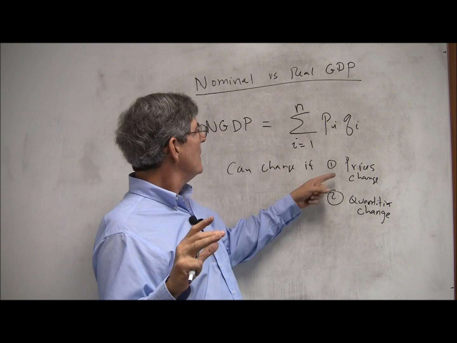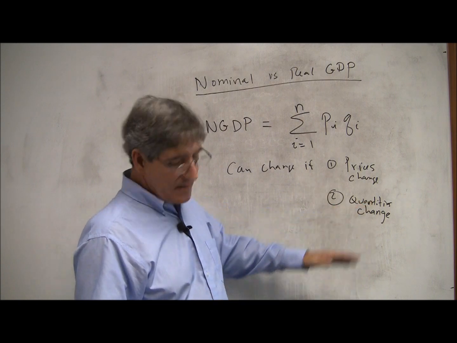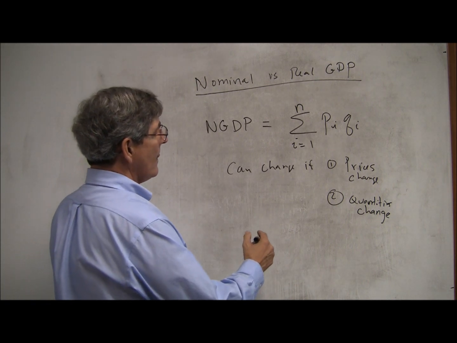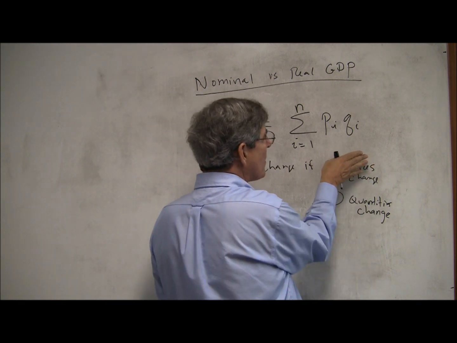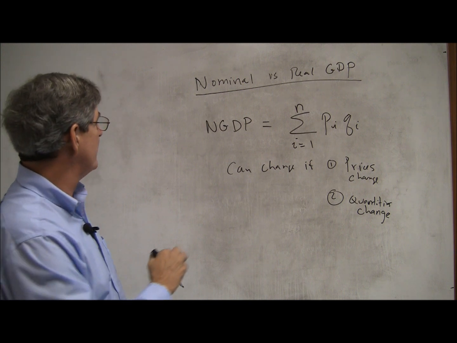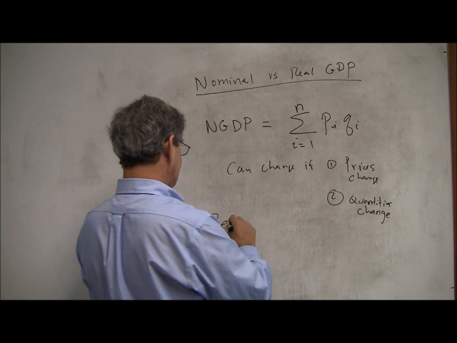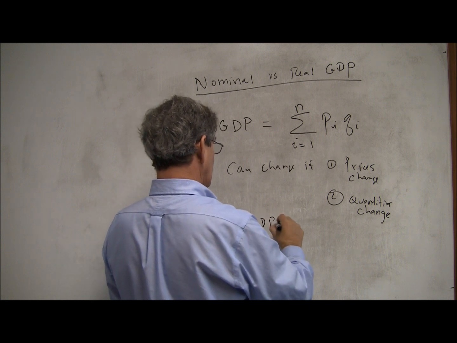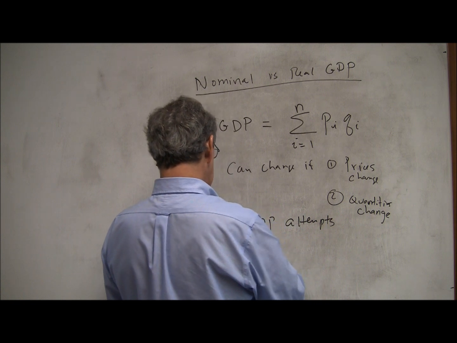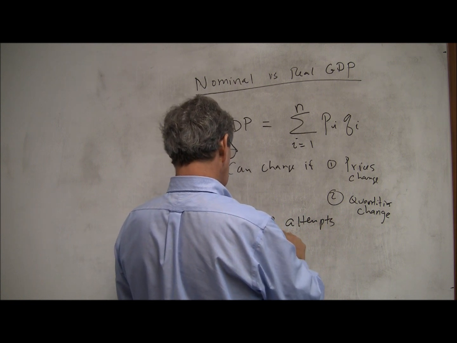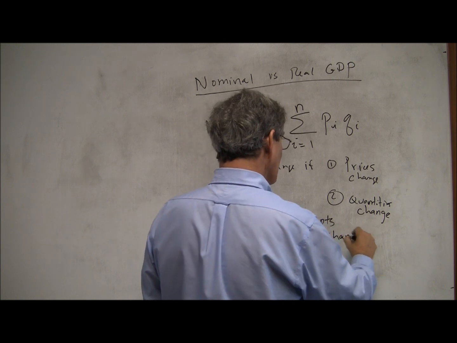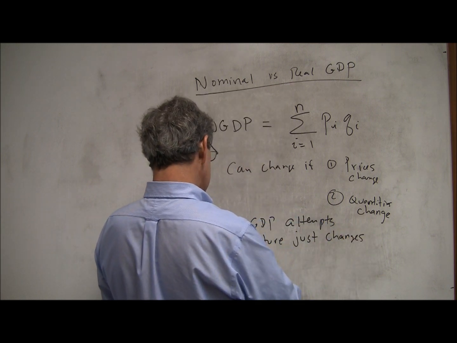And so what is the real GDP? If we want to know about just quantities and not prices, that's something called real GDP. So real GDP attempts to capture just changes in real stuff, in quantities.